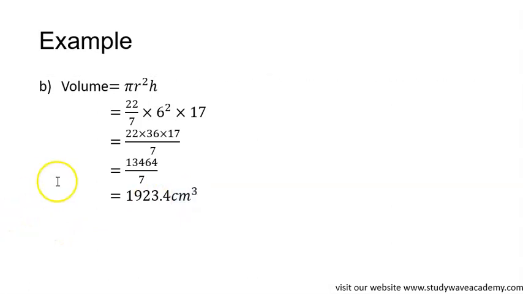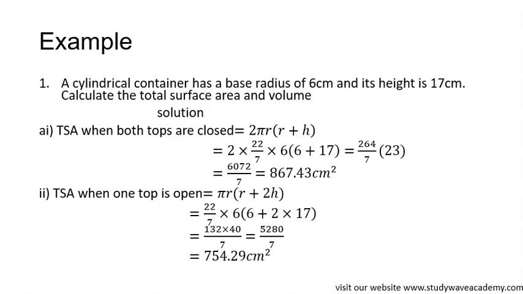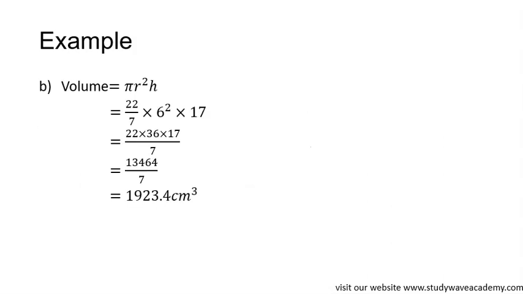So you have 1923.4 centimeter cube. Do you understand how we got the volume? So we can now solve for a cylinder, how to get the total surface area and the volume.